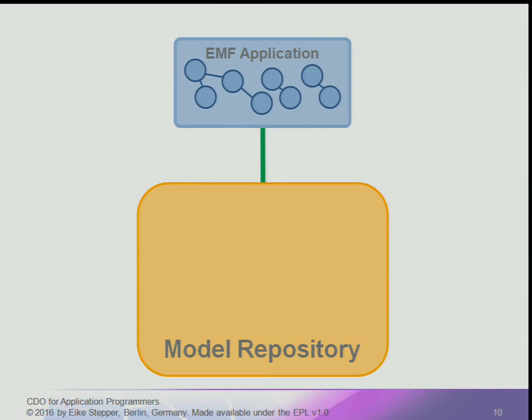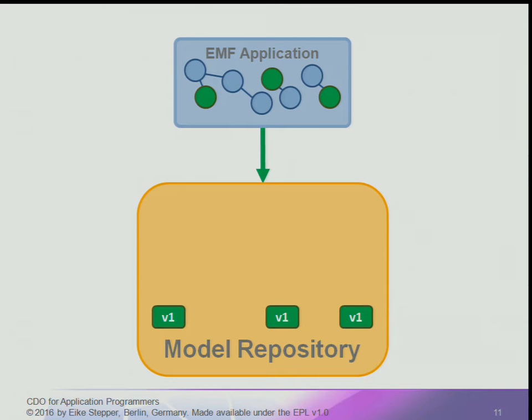What happens in the model repository? When the client application commits changes to these green objects here, we create so-called revisions in the model repository. Revision is a little bit ambiguous, the term. In SVN, it means something different. It means a whole baseline or a commit.